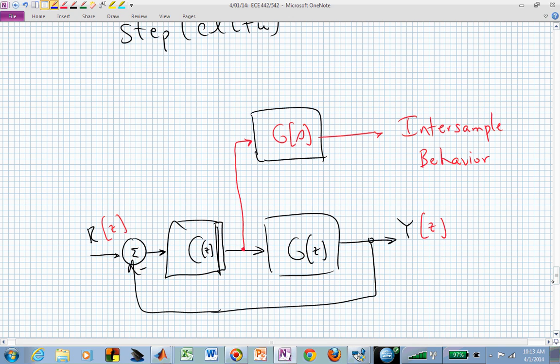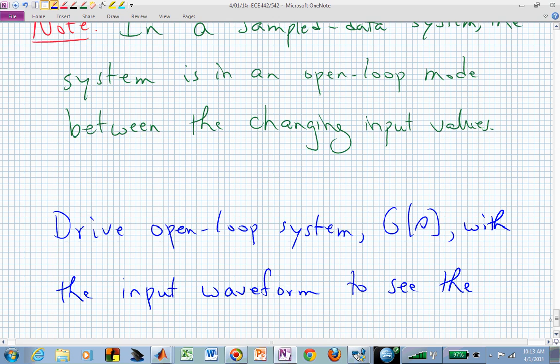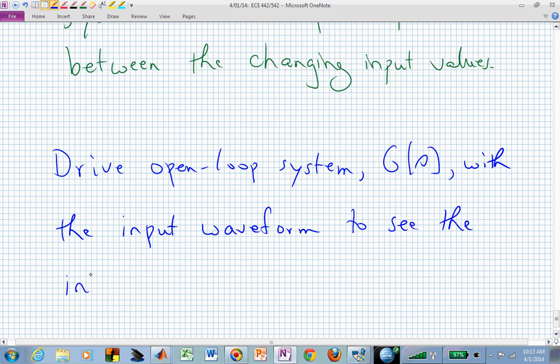We were driving this open loop system G of S with the input waveform to see the intersample ripple.